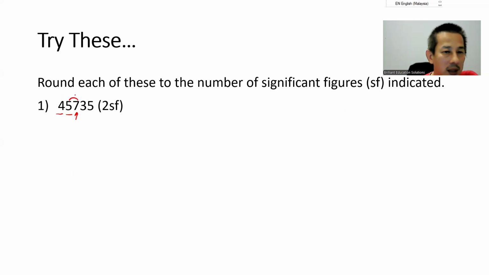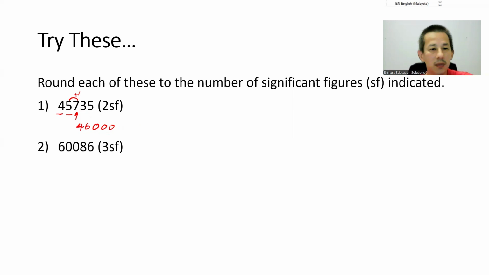So you need to plus 1 because it's 7, therefore you get 46. This is a whole number, therefore you need to add 0, 0, 0, replacing the 735 with 0. You get 46,000.